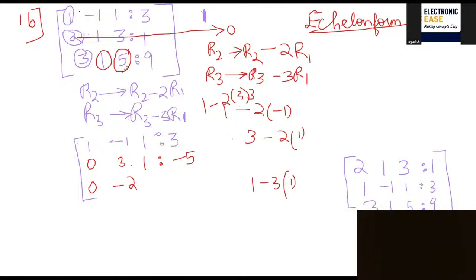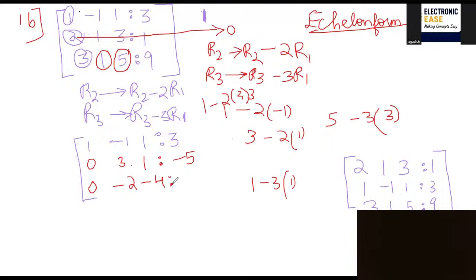Next, 5 minus 3 into R1. 3 into R1 is 3, so 5 minus 9 is minus 4.